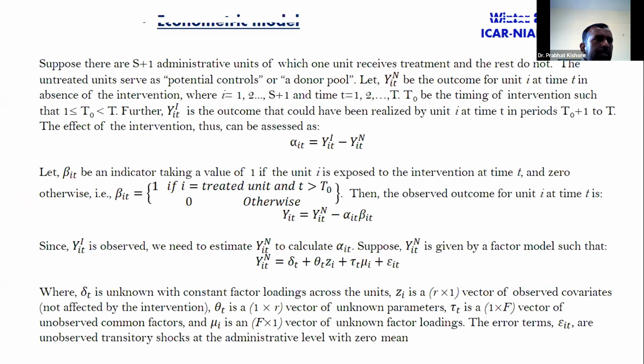Here I will tell you in a very simple way. We have considered the Punjab as the treated unit, and the other 16 states in the donor pool. Punjab got the treatment in 2009. After that, we need to estimate the impact.